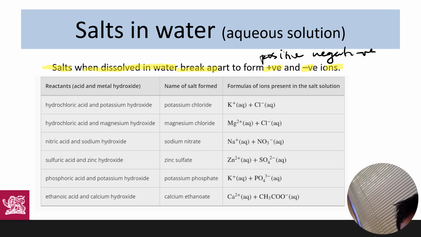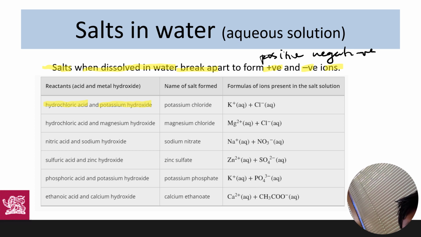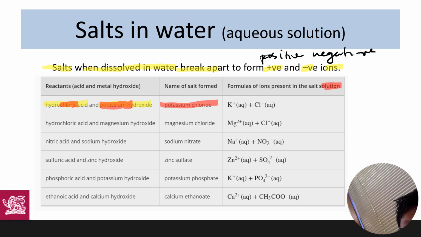For example, when we react hydrochloric acid and potassium hydroxide, the potassium and the chlorine are going to form potassium chloride, but in solution, when dissolved in water, they will exist as separate ions.